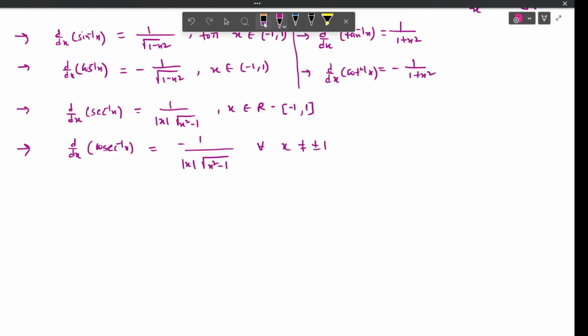Or you can say in this format also, for all x belongs to real numbers except minus 1 and plus 1. These are the differentiations of inverse functions, and you have to remember all these formulas in order to do differentiations effectively.